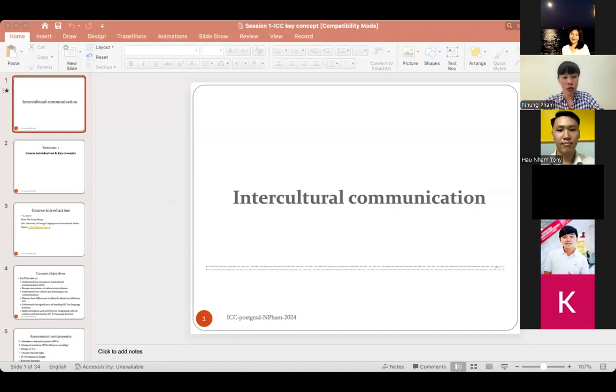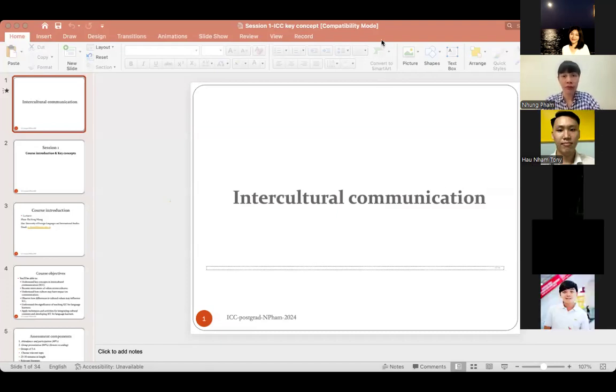And please make sure that every member of the group must take part in the presentation, and you all should have relatively equal contribution to your group presentation.